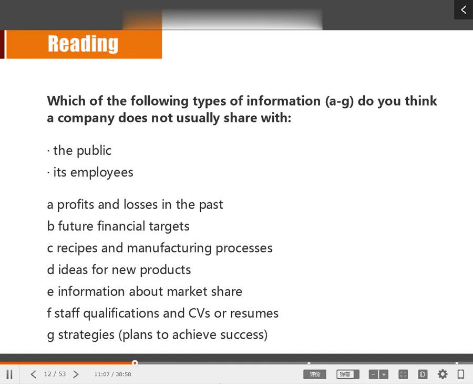Let's think about this. Great job. So as we said, the company that we're about to read is known for being secretive. In other words, the company is famous for keeping information secret. Alright? And the company that we're about to talk about is called Halma. So guys, have you heard about it?